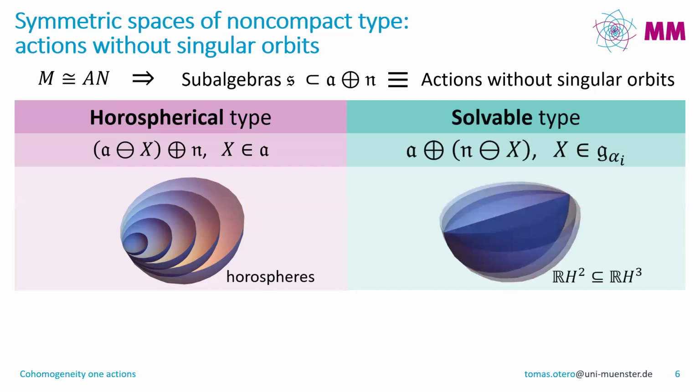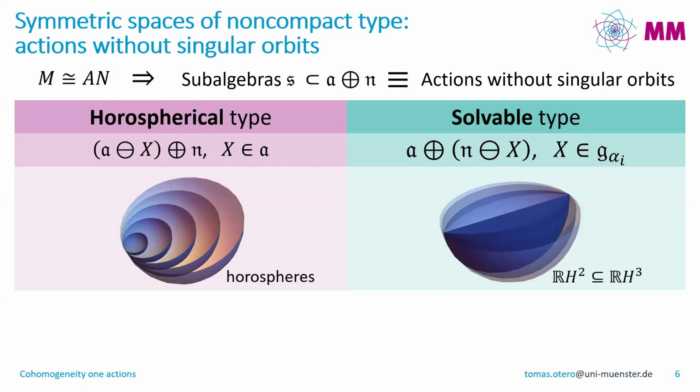And the other easy way to construct this is, well, if you take a vector x in a simple root space, since taking brackets with positive root spaces means you can only go up in this pyramid before, and simple root spaces are at the bottom, the corresponding a plus n minus x, where this stands again for the orthogonal complement, is a subalgebra.